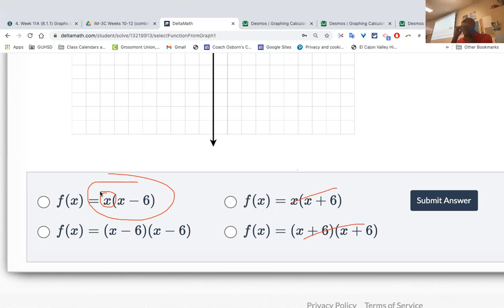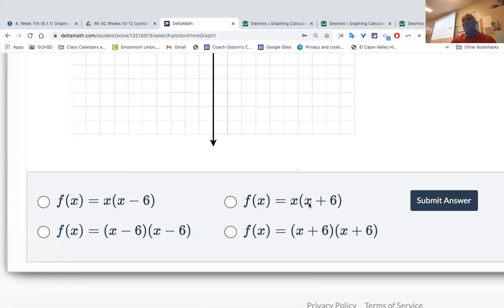But if it's just x, because when you're solving these problems, you have to say to yourself, what would I plug in to make this whole thing equal 0? So like right here, I plug in a 6 because 6 minus 6 is 0. And no matter what I multiply, as long as there's a 0, it's going to be 0. Or over here, look at these two.